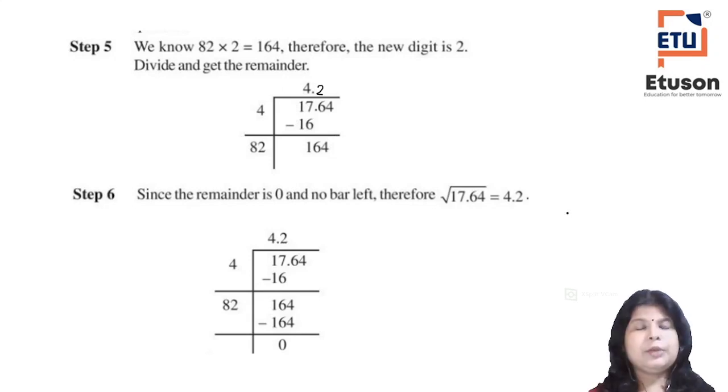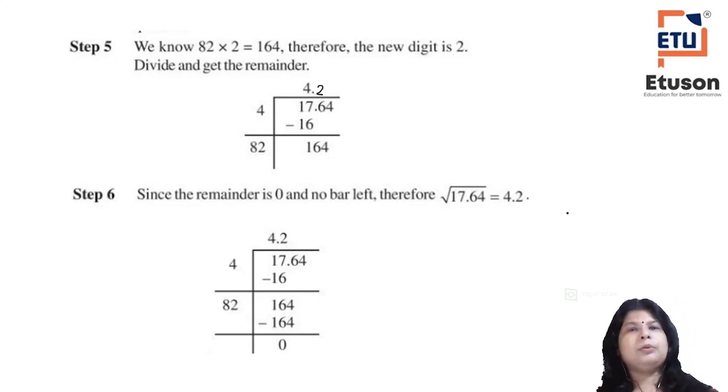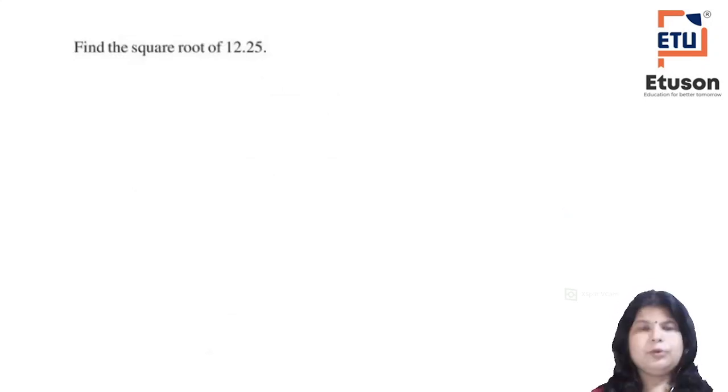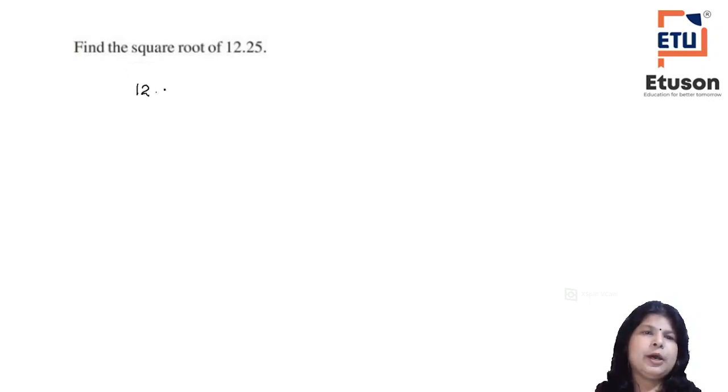Okay, so now it will be more clear if we solve some more examples. Now find the square root of 12.25. So now you have the number 12.25. What is step 1? You have to pair the number.